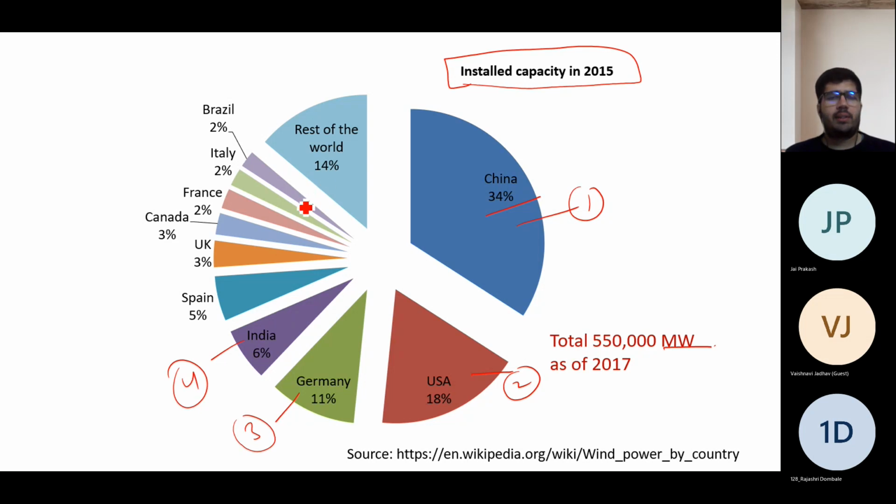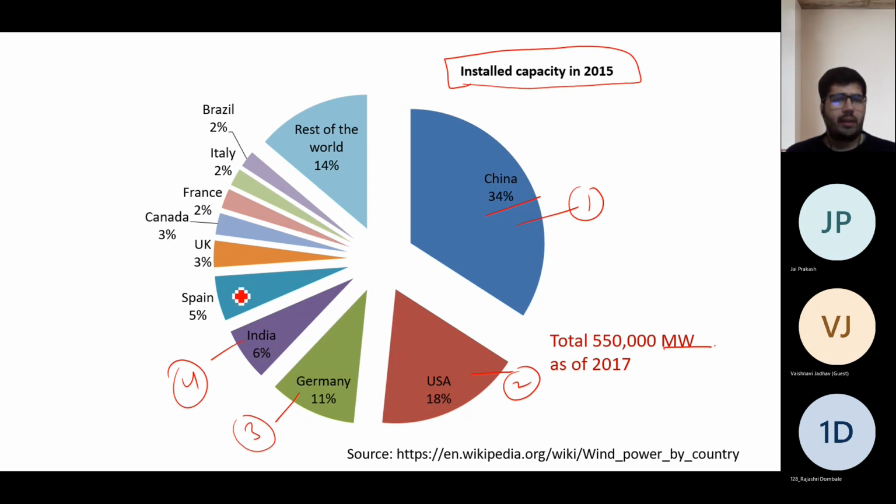From this data, we can see that India has a good amount of wind capacity, but we have to improve, because we have to increase renewable energy in our energy mix to decrease the dependency on fossil fuel. Currently, we are moving toward the goal of increasing the renewable energy sector in India.